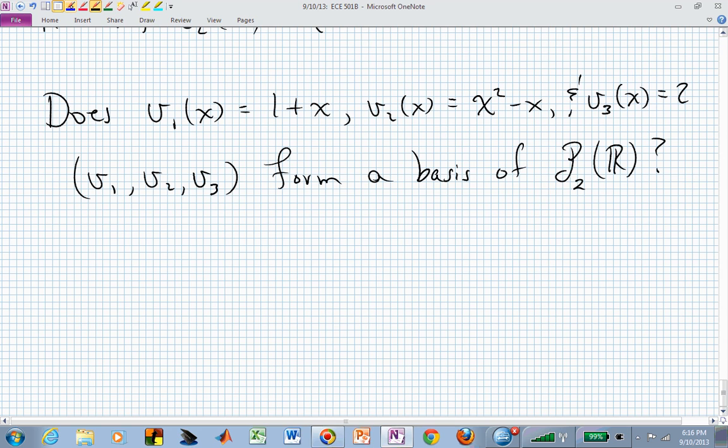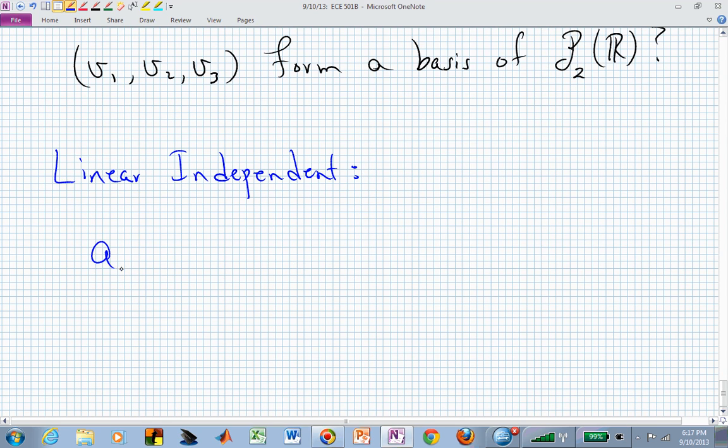To see if it's linearly independent, if we combine a1 v1, a2 v2, and a3 v3, can we find non-zero coefficients a1, a2, and a3 that allow that combination to equal 0?